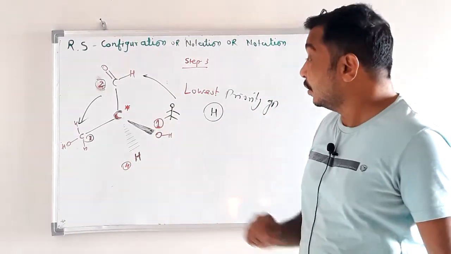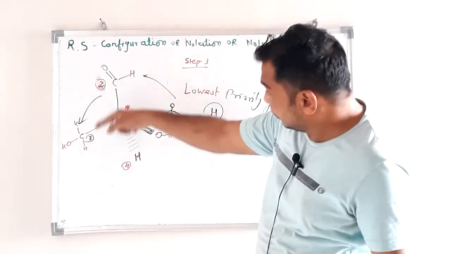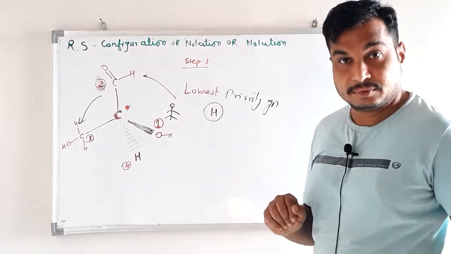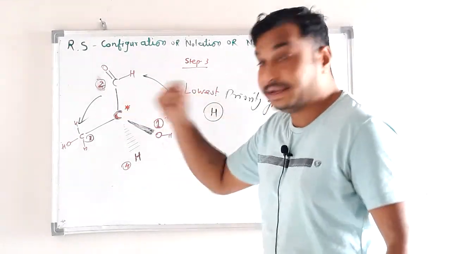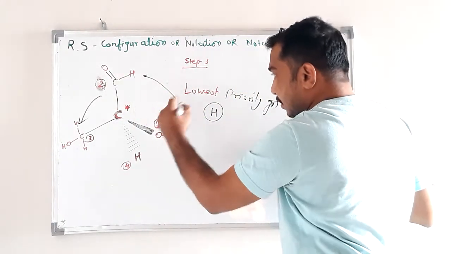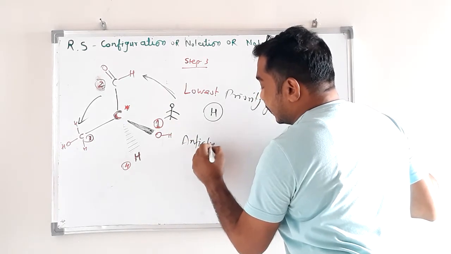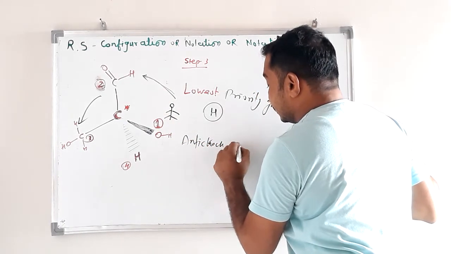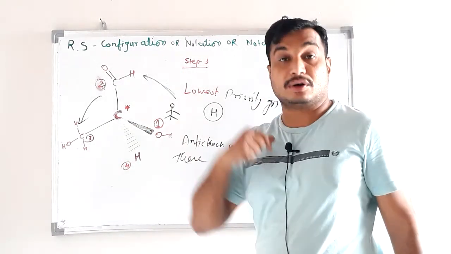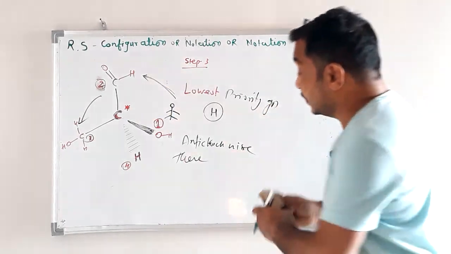Then what is the type of rotation? Is it clockwise or anti-clockwise? It is anti-clockwise. In this example, the rotation is anti-clockwise. Therefore, we assign the configuration capital S.